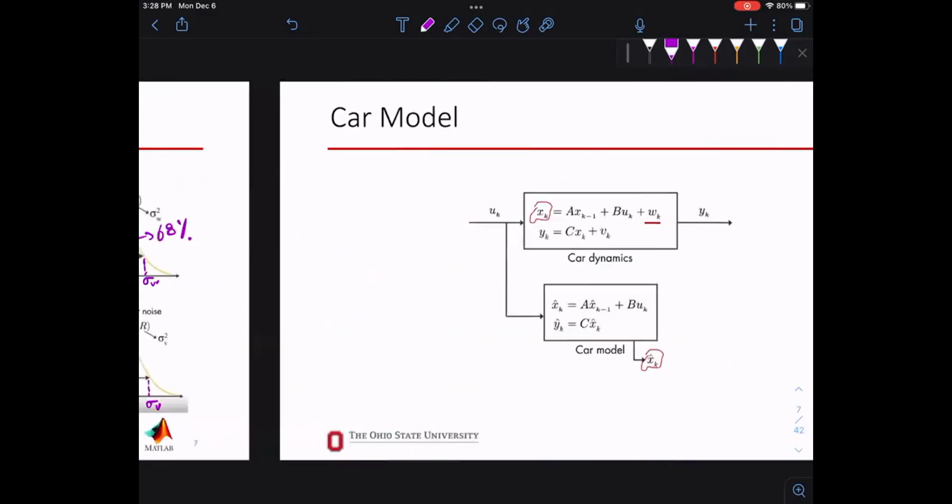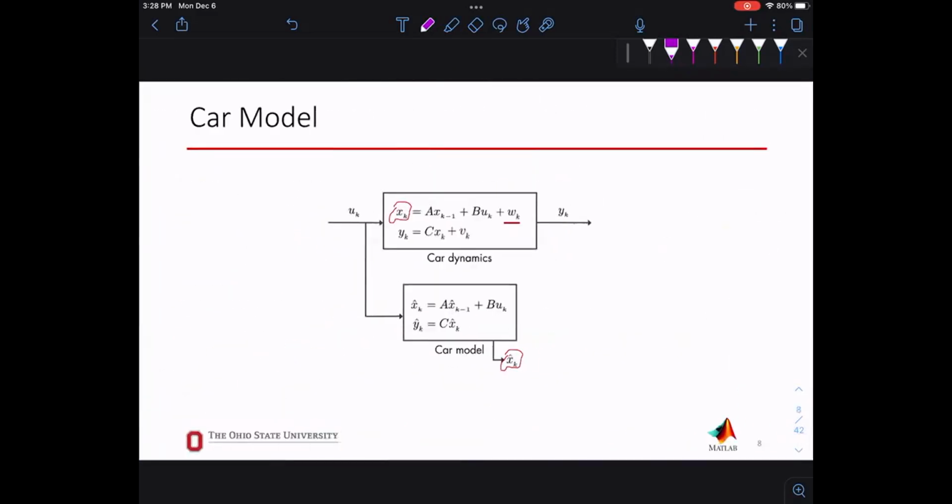So let's check out the car dynamics again. We have A, which is the car specification; mass and inertia will show up there, and maybe damping shows up in here. This is your noise. This is your output, which is from your modeling, from the dynamics. So that's the actual.